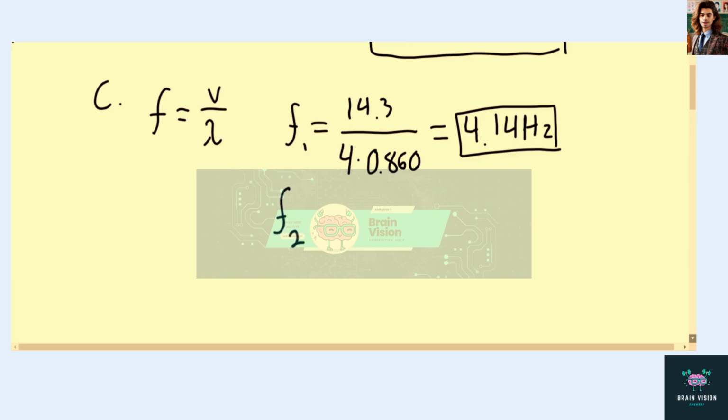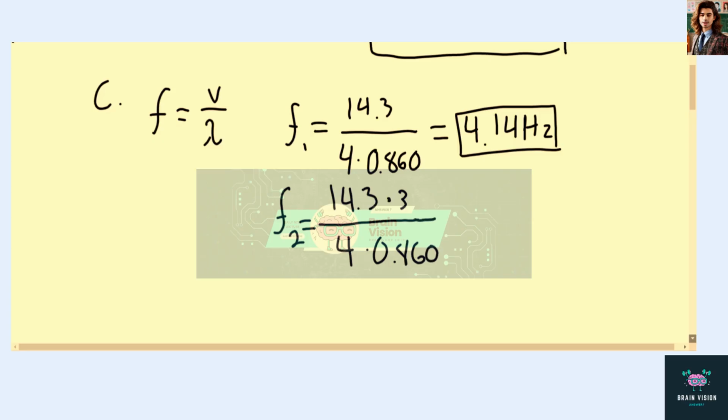And for f2, we have 14.3 still for the speed of the wave. And then this time, the lambda will be 4/3 L, which means that if that's in the denominator, you take the reciprocal.